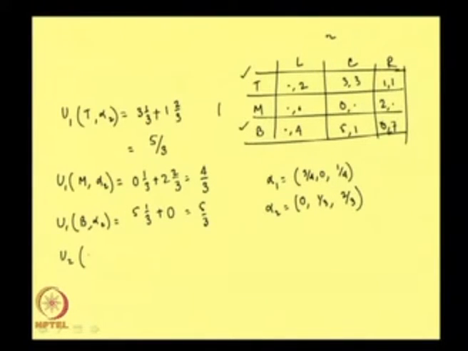If he plays L, and the other player is following alpha 1, then he is getting 2 with probability 3 by 4, then 0, then 4 with probability 1 by 4. So, it is 10 by 4.